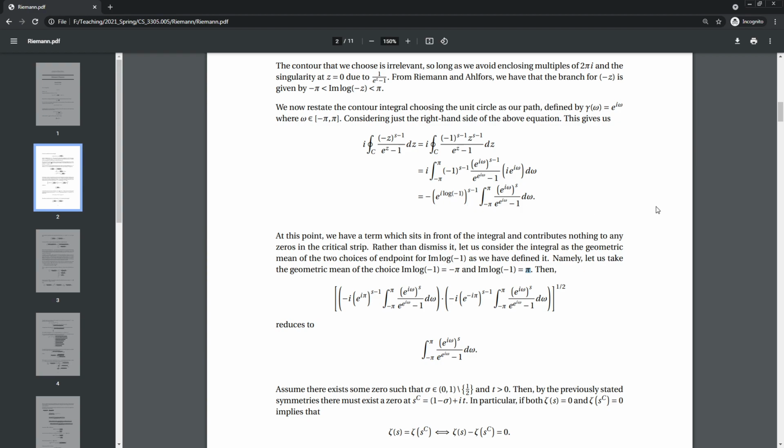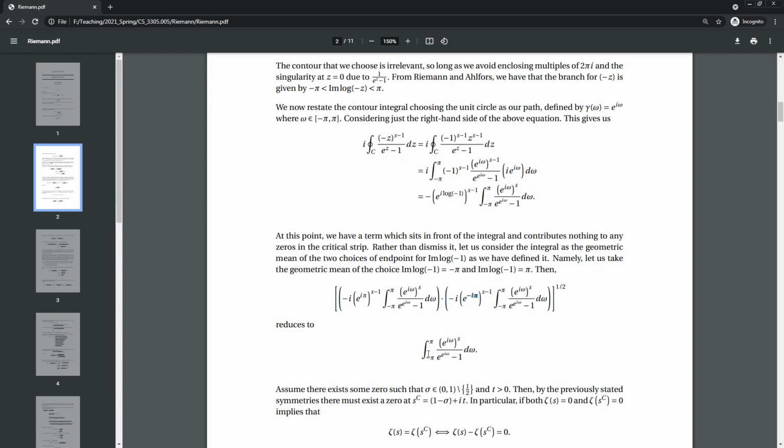Then if you were to take the product of those results and then take the square root, this is something we call the geometric mean. So the square root of a times b is the geometric mean of two lengths. If we do that here, in one it's pi, and in the other it's -pi, and we multiply them together and take the square root.